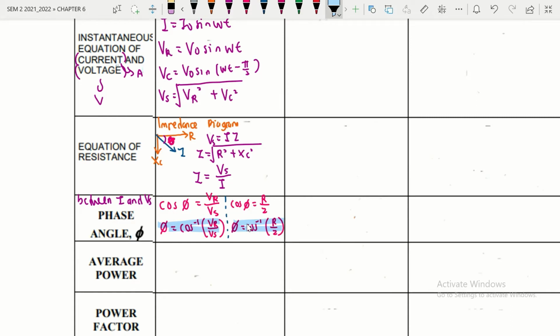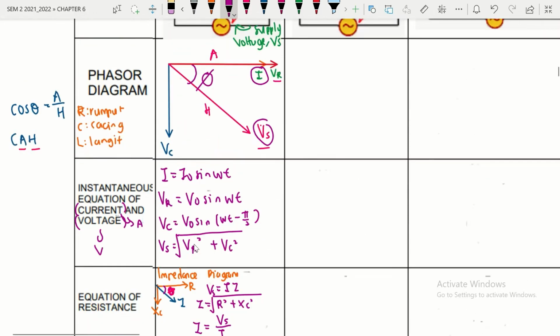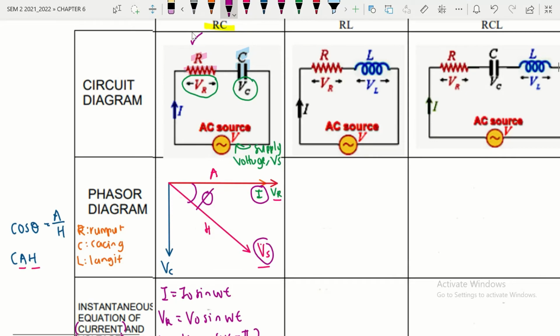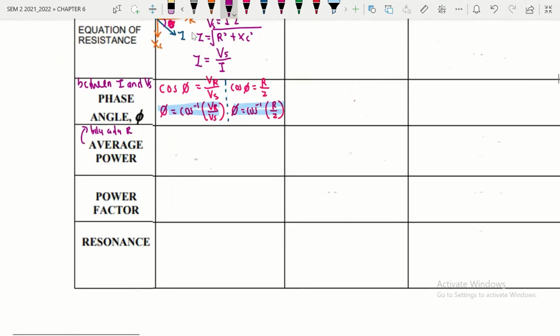So now let's look at the average power. Okay, so remember average power dia adalah bila ada resistance sahaja. Bila ada R sahaja. Now, let's look at our circuit. Ada R ke tak? Ada. So, bila ada, maksudnya dia akan ada average power.